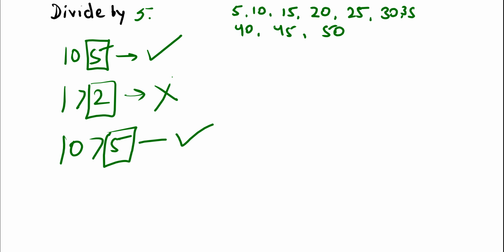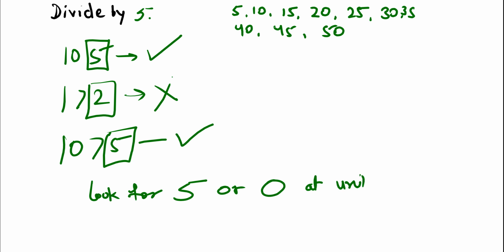172. Look at the last digit. It is neither 5 nor 0, so it won't be divisible by 5. 1075. This would be divisible because 5 is there.